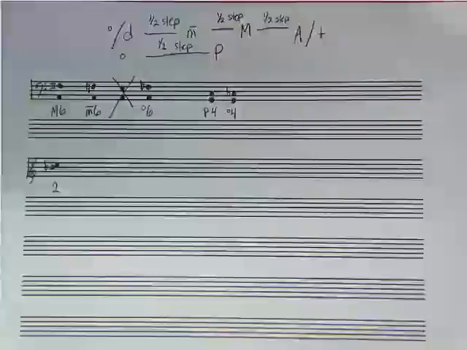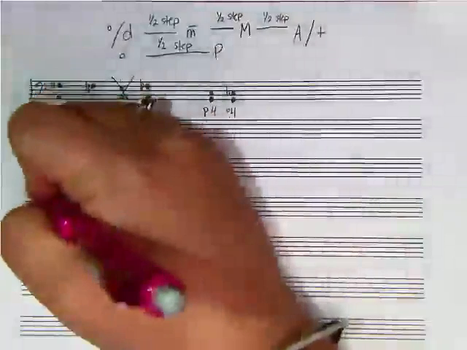So what kind of C is in the key of B flat major? Well, B flat has two flats, B flat and E flat. Neither of those affects the note C, so I'm good like I am here, C natural. So this is a major second.